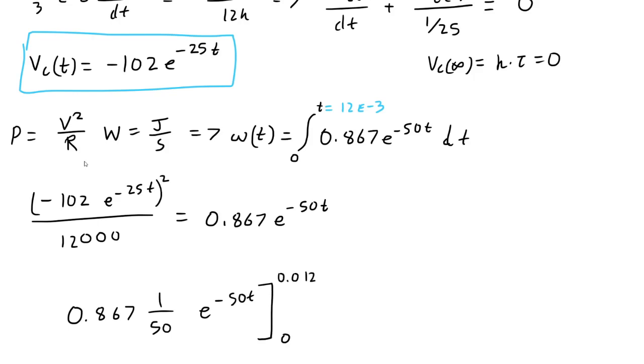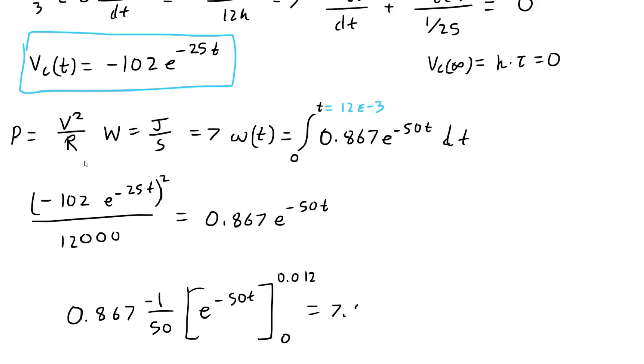0.012. So I'm going to do this real quickly. Actually, this is minus, I think. Yeah, it's minus. So let me do this math real quick. We're going to get the energy in joules.